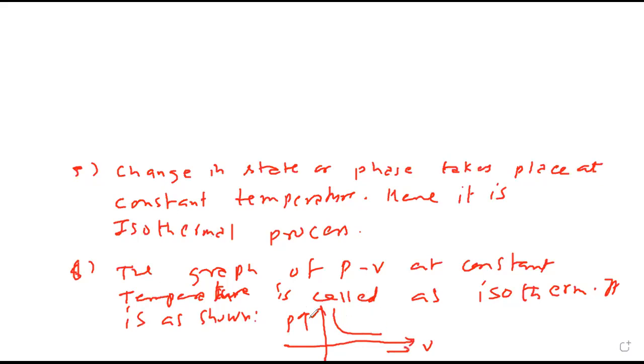Write this and draw the diagram. V initial, V final. Similarly here P initial, P final. B has coordinates P final, V final, A has coordinates P initial, V initial.